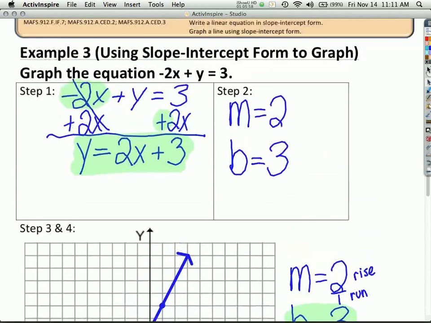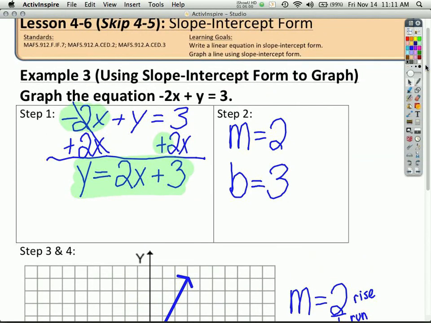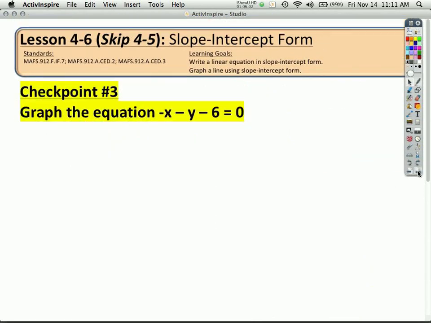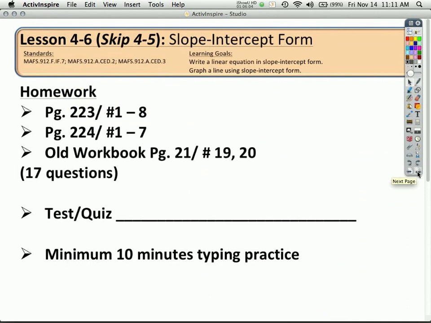So, you're going to practice this evening with your homework. On page 223, you're doing numbers 1 through 8. On page 224, you're doing numbers 1 through 7. In the old workbook, you're doing numbers 19 and 20 on page 21. That requires a little effort. They're real-world scenarios.